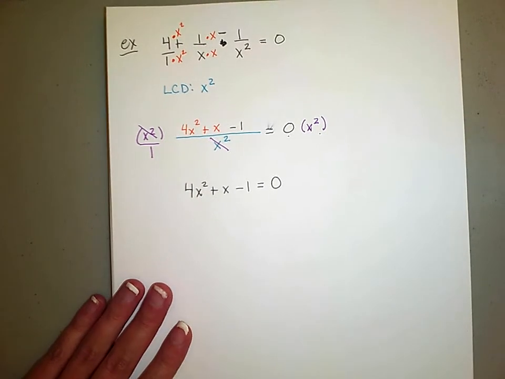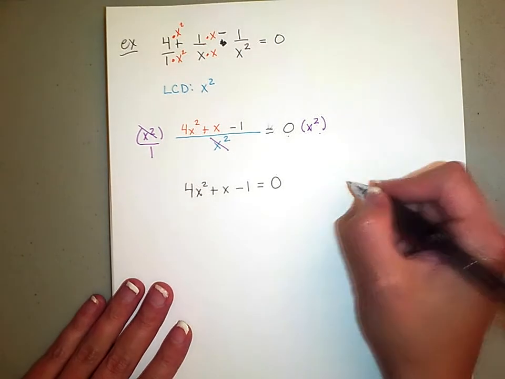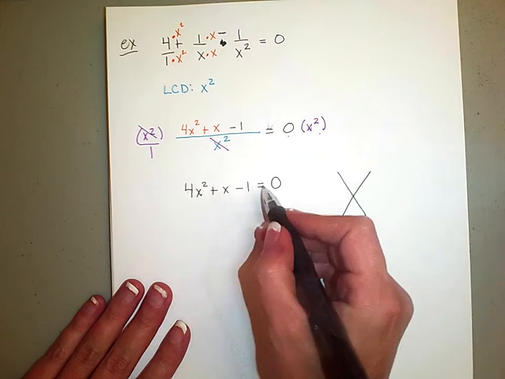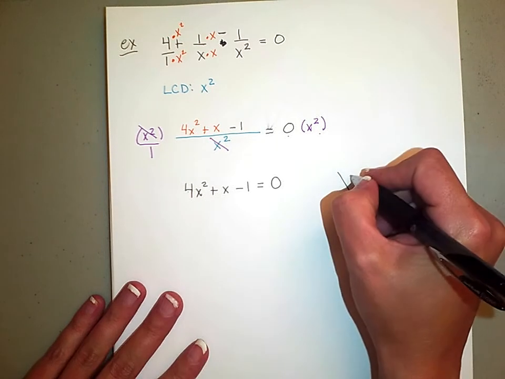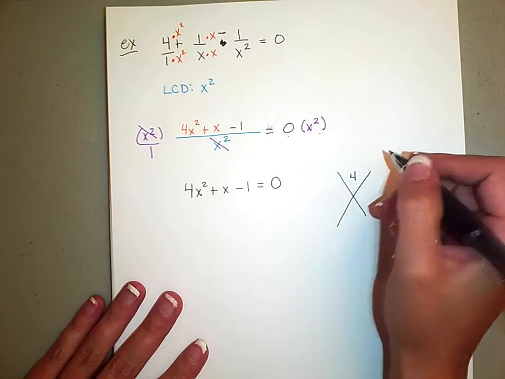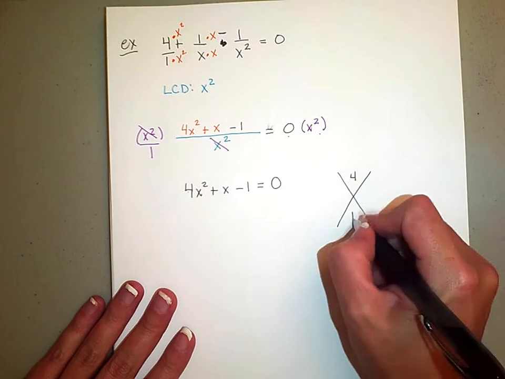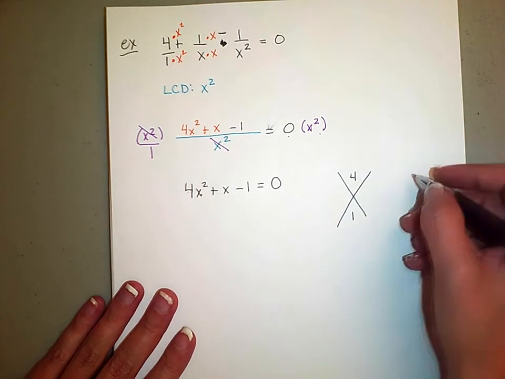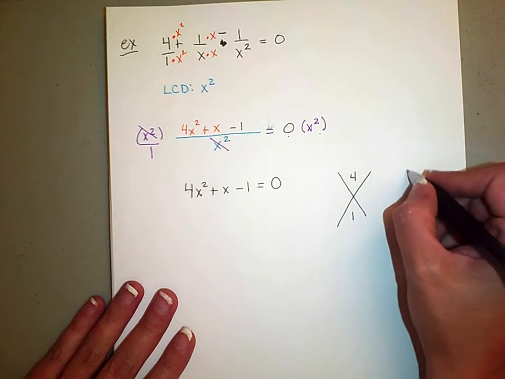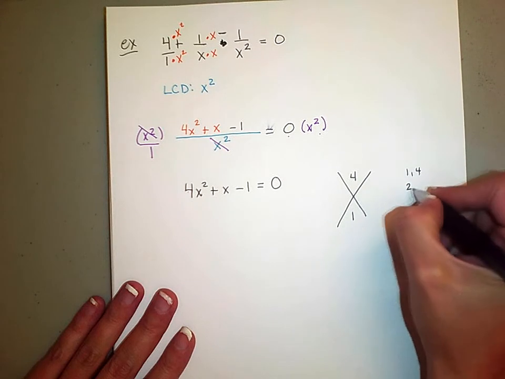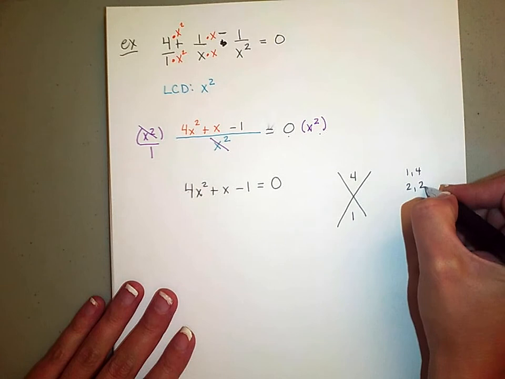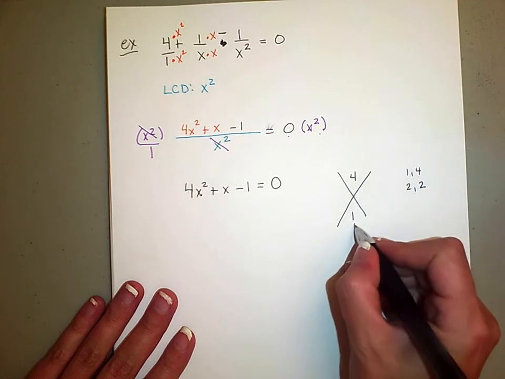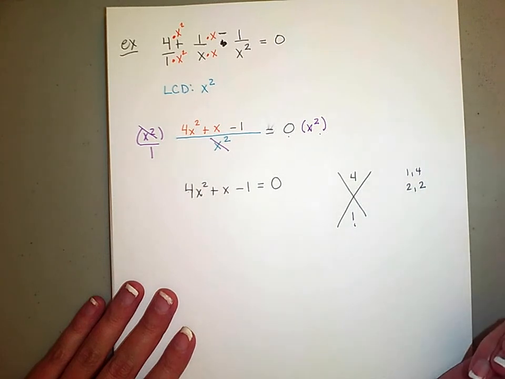So here's our quadratic. The leading coefficient is not 1. So let's try the AC method. 4 times 1 is 4. Okay. And we need to add that up to positive 1. And the factors of 4 are 1 and 4 and 2 and 2. So there's no way for us to get to a positive 1.